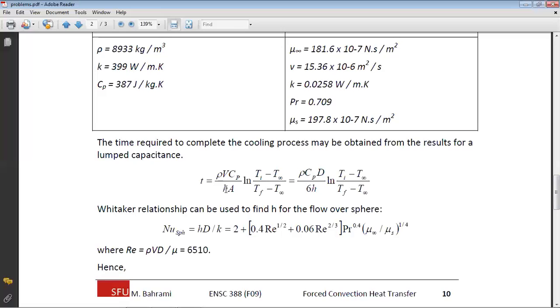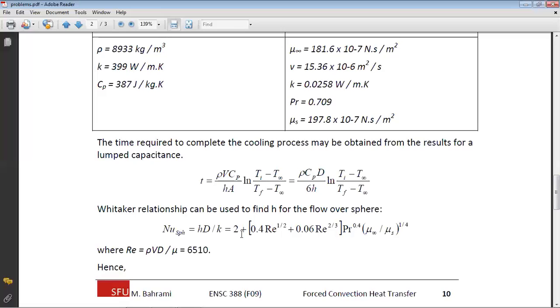Again, we should refer to the empirical relations for Nusselt number. I'm giving you the reference for this equation. You can find this under flow over spheres. As it is a sphere, we should consider flow over spheres. It is in page number 120, equation 3.2.